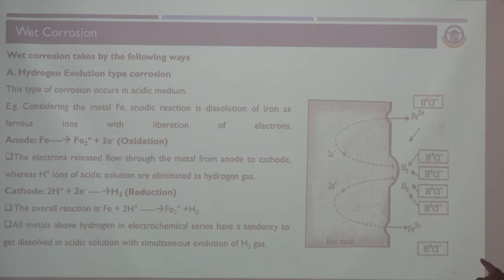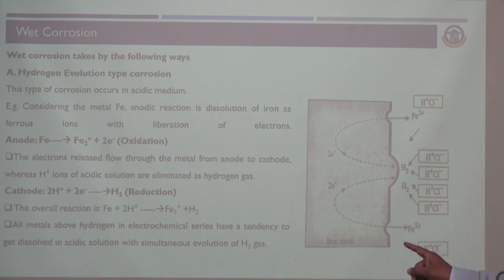So here in this diagram we can see the mechanism of wet corrosion, mainly for hydrogen evolution type corrosion. In this diagram, this corrosion occurs in acidic medium.